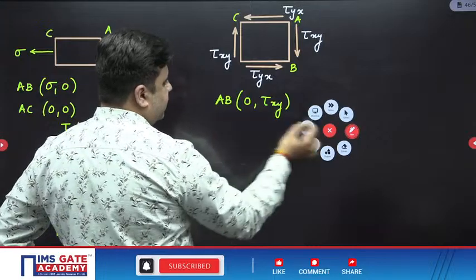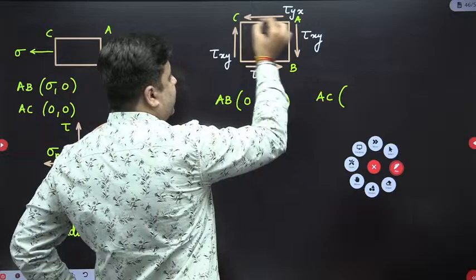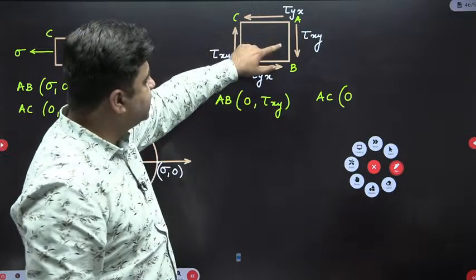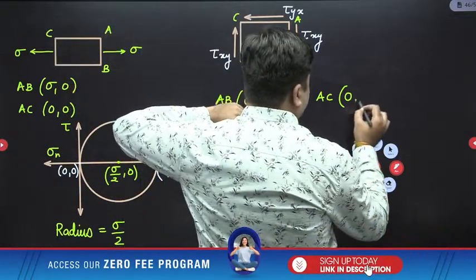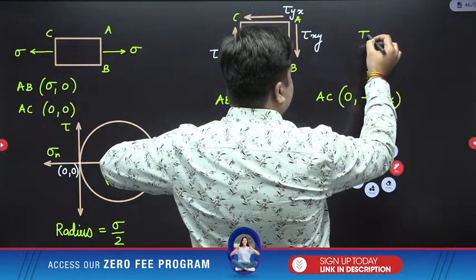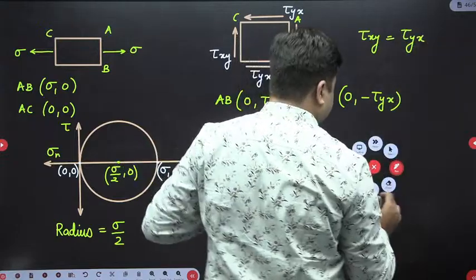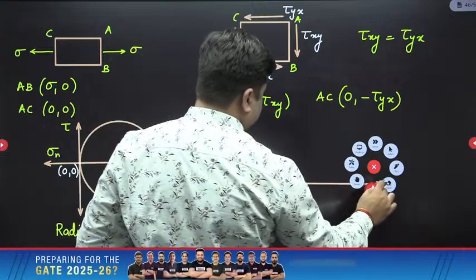For plane AC, tau yx is acting in the negative direction, meaning it gives an anti-clockwise sense of rotation. Therefore, the coordinates here will be 0, minus tau yx. And we know that tau xy is equal to tau yx. Yesterday I told you these are complementary shear stresses. So when you plot the Mohr circle for this, it will be like this.